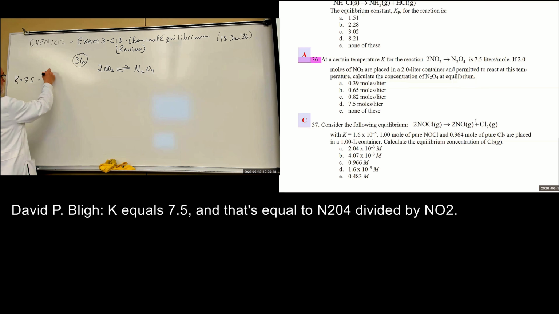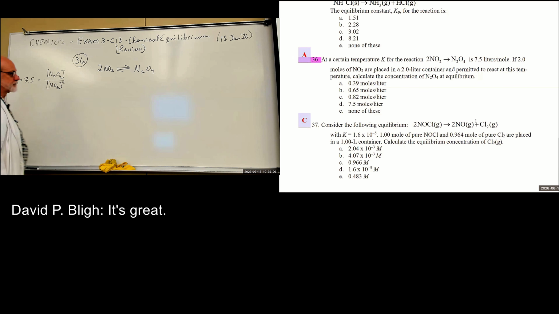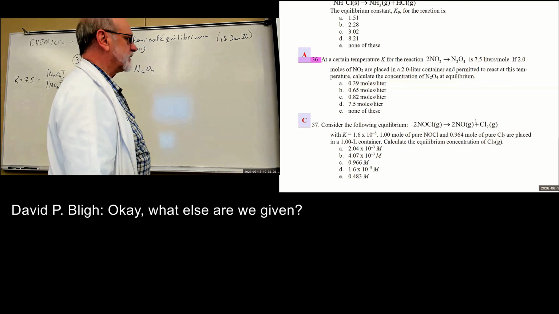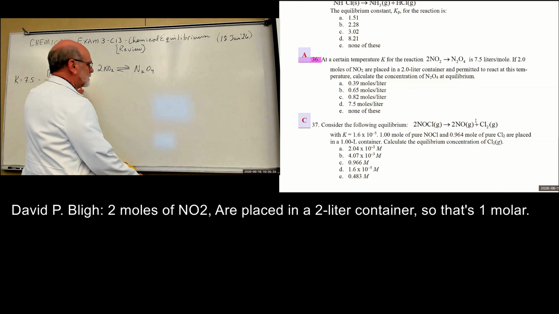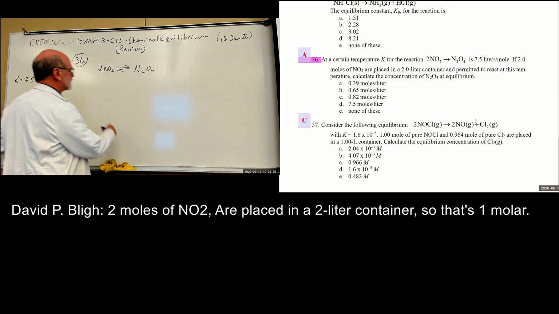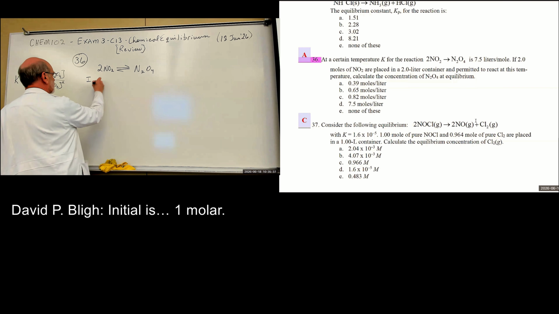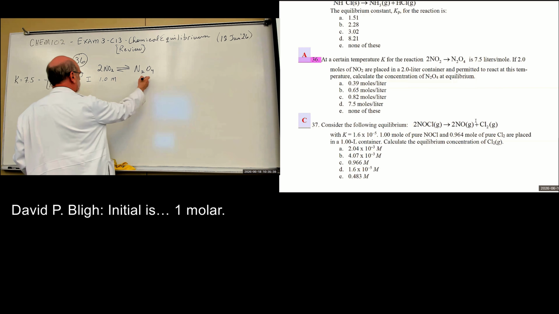And that's equal to N2O4 divided by NO2 squared. Okay, what else are we given? 2 moles of NO2 are placed in a 2-liter container. So that's 1 molar. Initial is 1 molar.